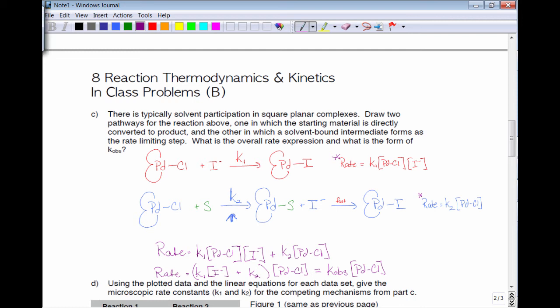In this case, K obs is equal to K1 times the concentration of iodine plus K2, where now I can think of this as a linear equation, y is equal to mx plus b, where this would be the slope and this would be the intercept of a linear equation.